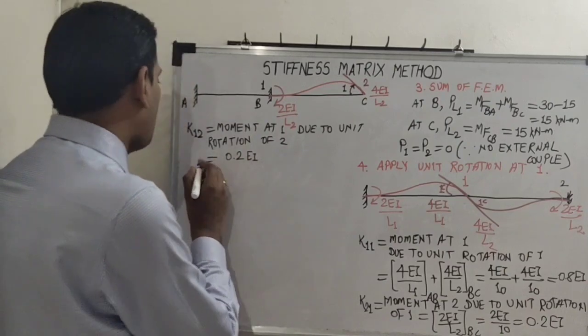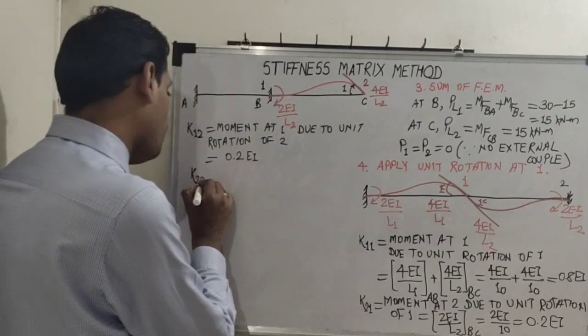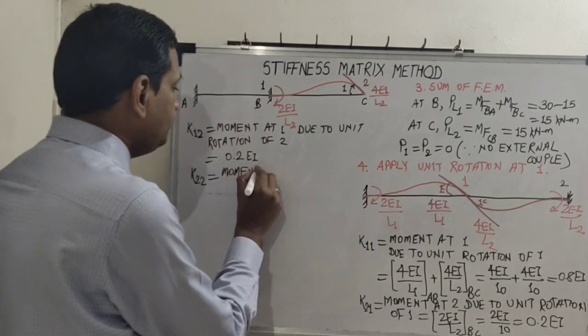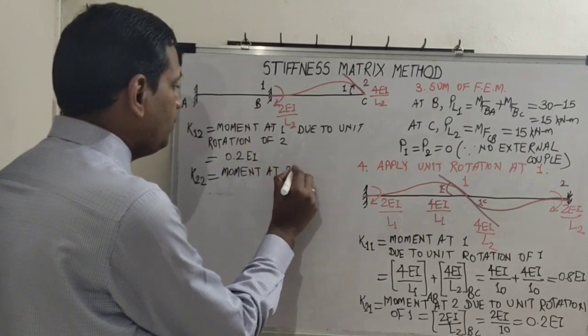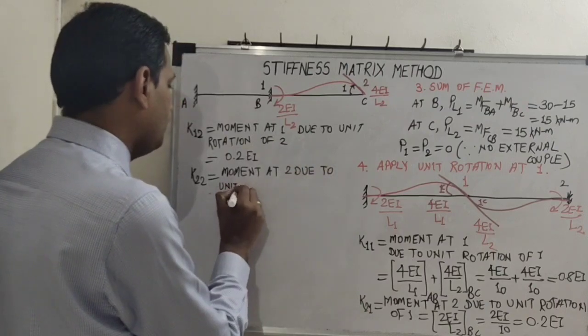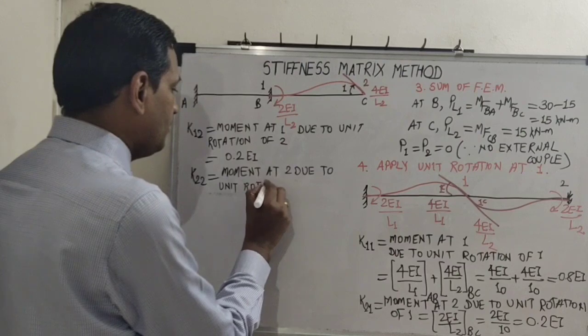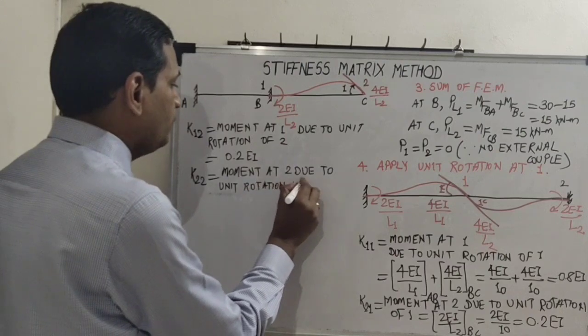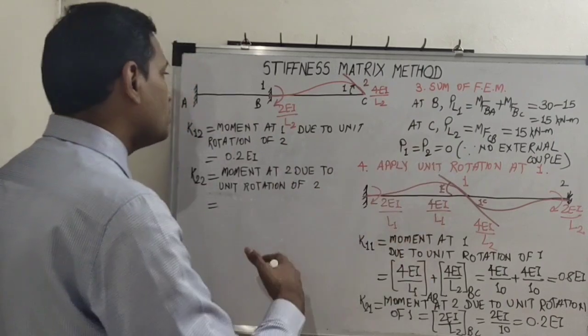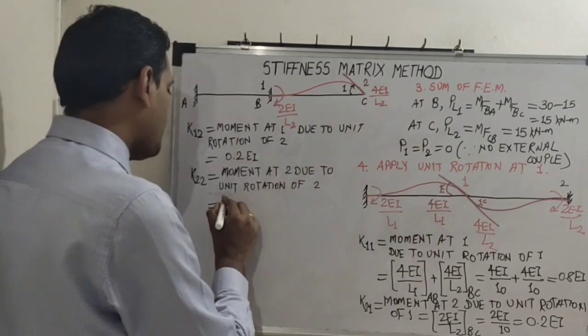So 0.2 EI. Then K22, this is a unique value, moment at 2 due to unit rotation of 2. This cannot be compared with any of the values, so the value is 4 EI by L2.